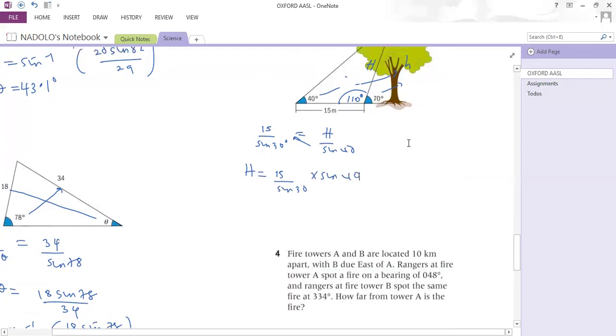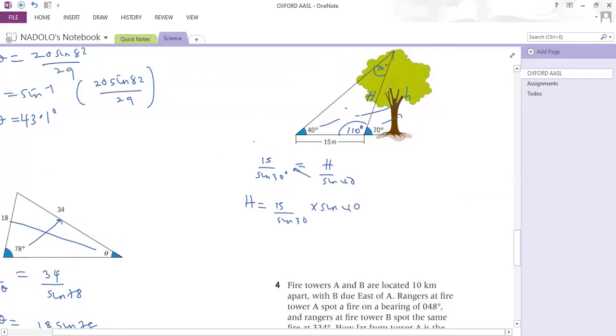So how will this help us? If we get H, we will be able to do sine 70 degrees is the same as opposite over hypotenuse. The opposite of 70 degrees here is the height of the tree, which is small h, divided by the hypotenuse, which is capital H. So our small h will be capital H times sine 70 degrees.